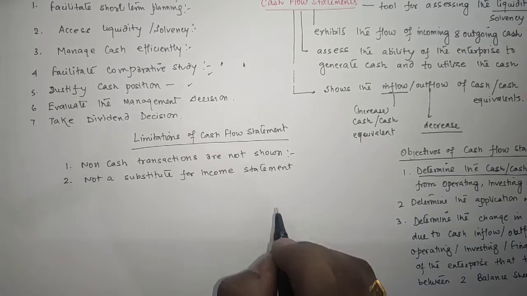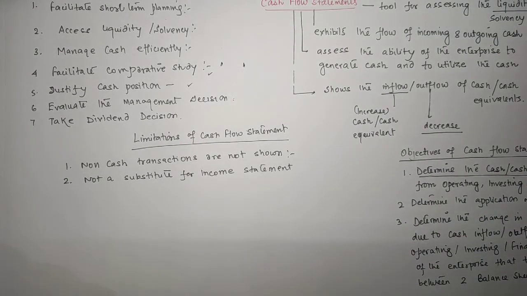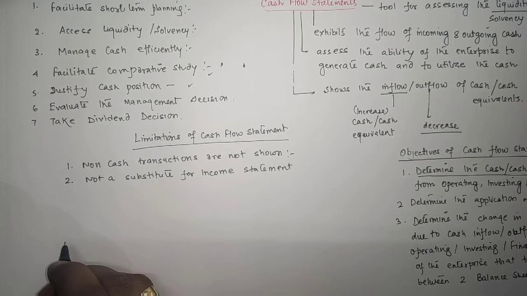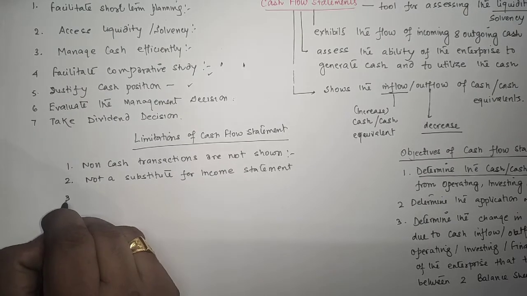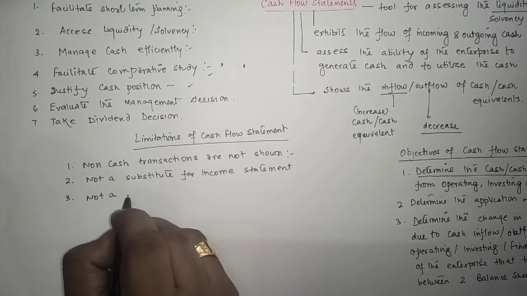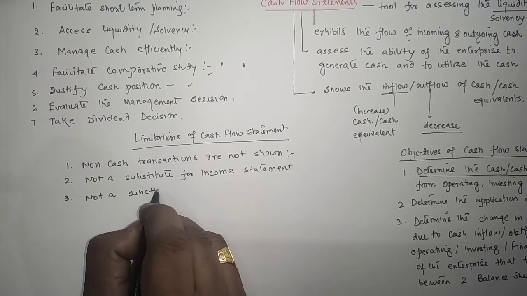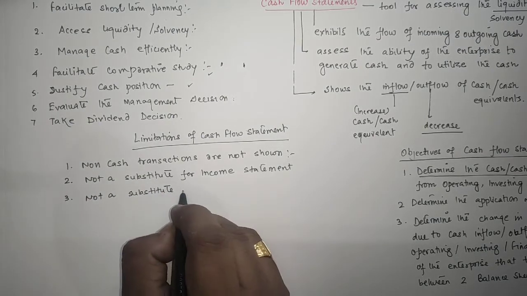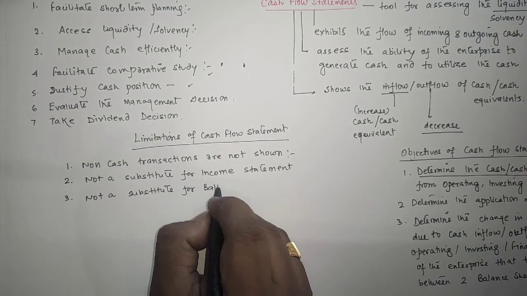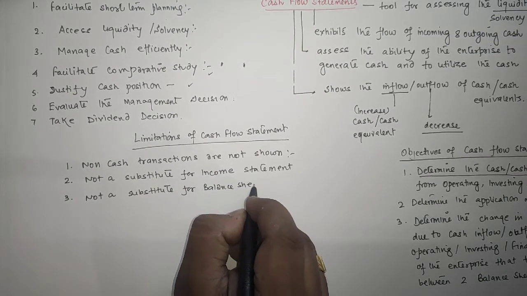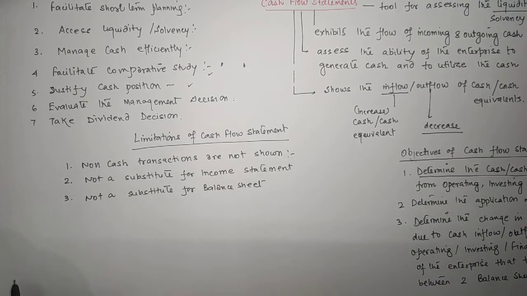Cash flow statement cannot be used as a substitute for an income statement because income statement is prepared on the accrual basis of accounting, whereas cash flow statement is prepared on cash basis. So from here we cannot find out the profit and loss. Third, not a substitute for balance sheet. The real financial position of the enterprise cannot be found out.